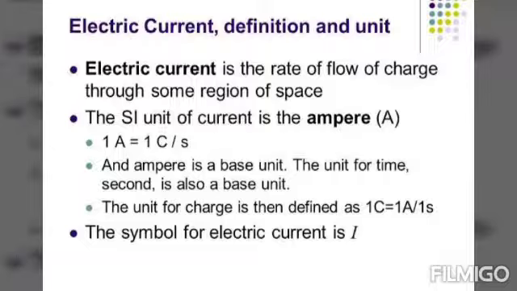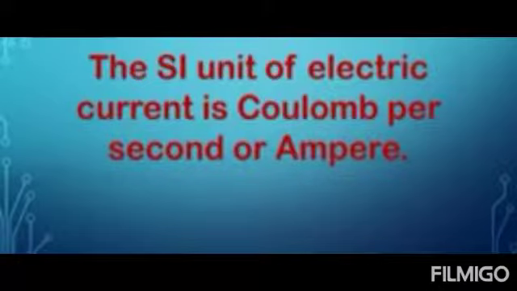Okay, so the electric charge flowing through a wire in 1 second is called unit current. And the SI unit of electric current is coulomb per second, or ampere.